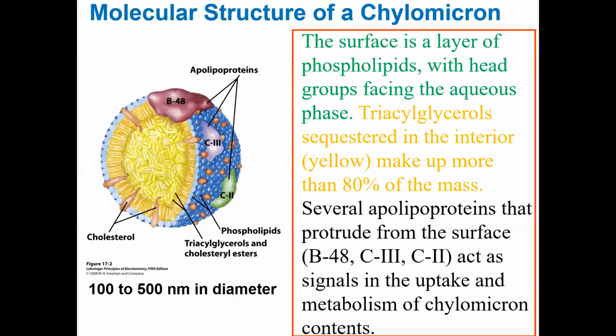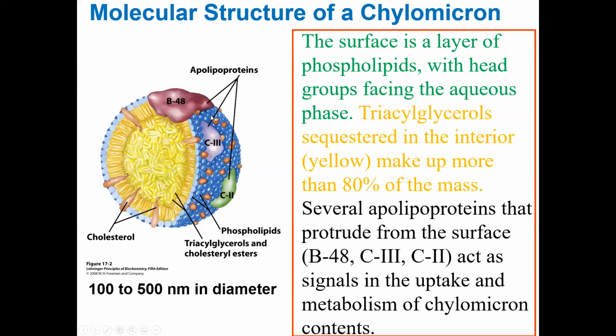What the structure of a chylomicron itself looks like is shown here on the left hand side. It is almost 100 to 500 nanometers in diameter, so 1/10 of a micron to half a micron. You see here that the surface of the chylomicron has phospholipids.